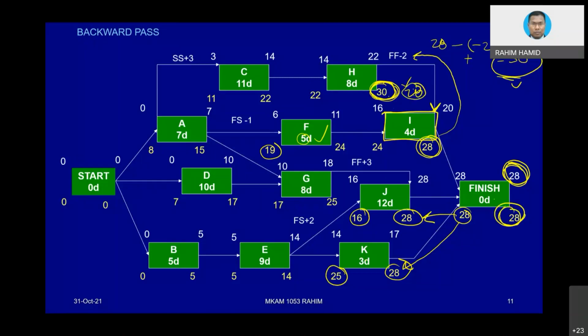So in this situation, 30 is not an accurate value to be put here, because we forget to take into account the least value from the overall project completion is 28 days. So you cannot extend anything beyond 28. That is the issue if you are too fast in putting the value. We are correct in terms of doing the calculation according to the step, but then the consideration.